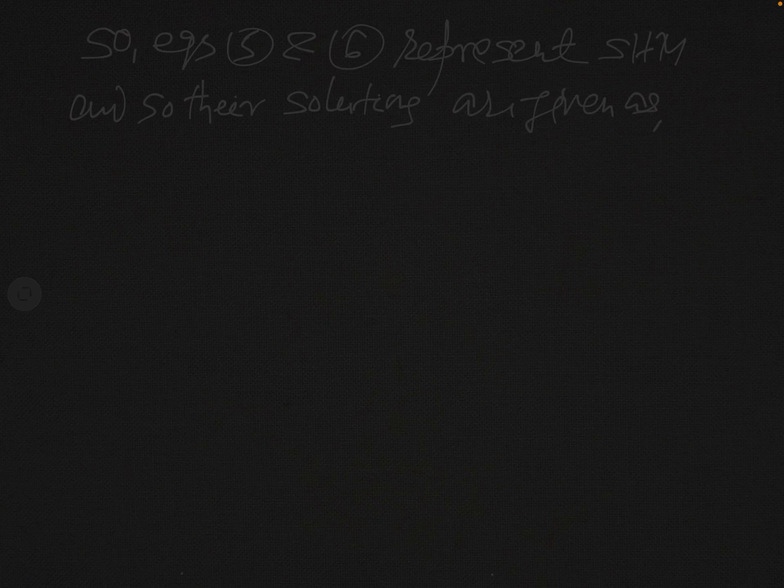So the solution of equation 5 can be written as Vx equal to V perpendicular e to the power i omega_c t, and the solution of equation 6 can be written as Vy equal to plus minus i V perpendicular e to the power i omega_c t minus Ex by B. Actually here the solution will be for Vy plus Ex by B, since I have just taken this term Ex by B to the right hand side.